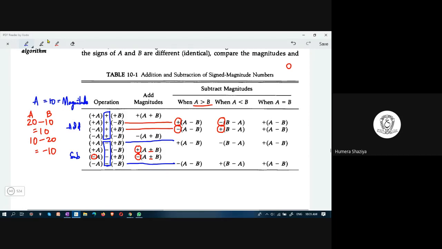When it is both plus plus, this operation is minus and the result is plus when A is greater than B. When A is less than B, the difference value would get minus because A is less than B. If both are equal, then it is plus, maybe it is 0. Here, when both are having minus minus sign, the difference would get minus when A is greater than B, and when A is less than B, it gets plus.